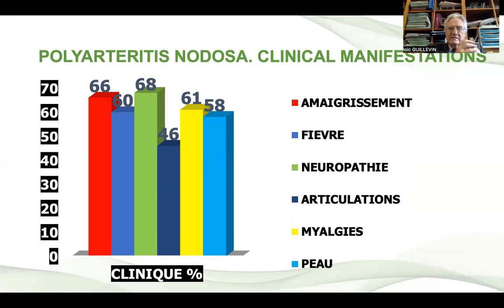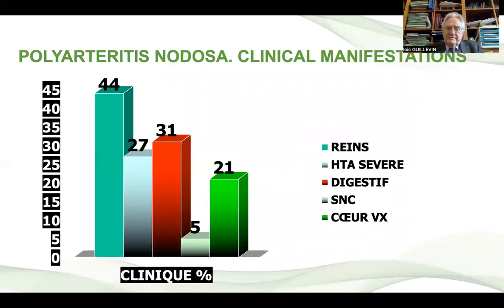Weight loss, 66%, fever, neuropathy, joint involvement, myalgias, and skin disease. All these symptoms are present in between 50% and 2/3 of the patients. The other symptoms are shown here.